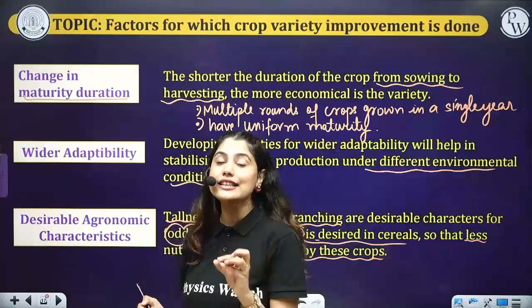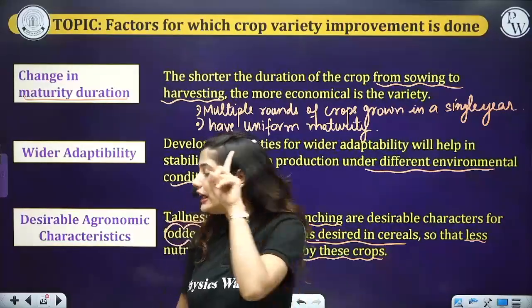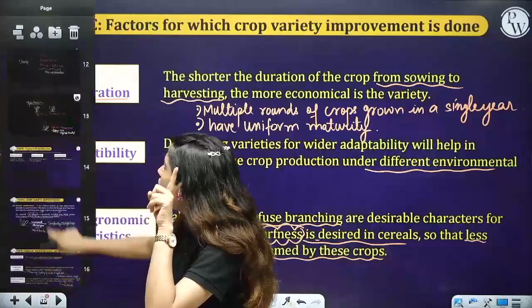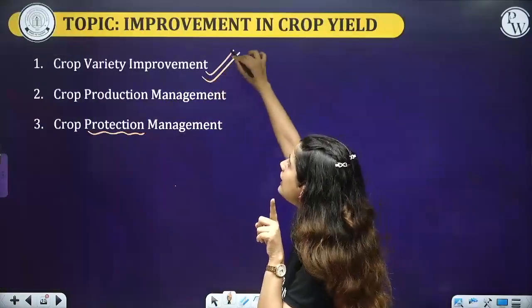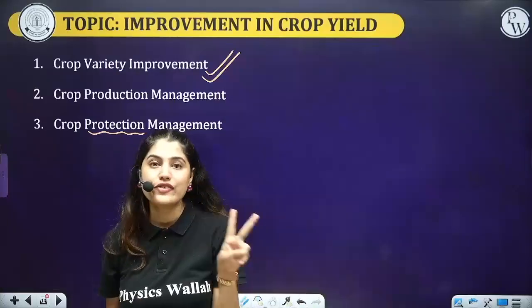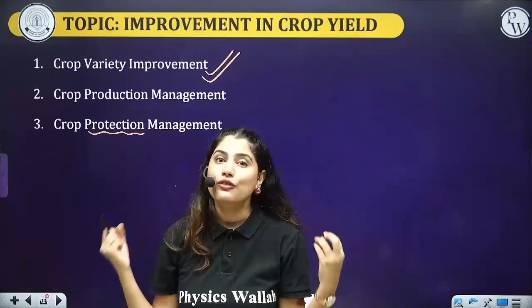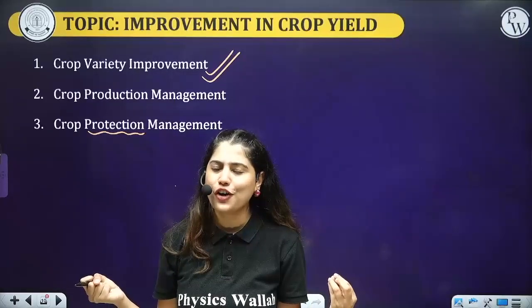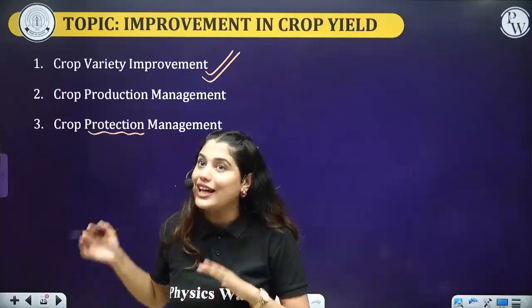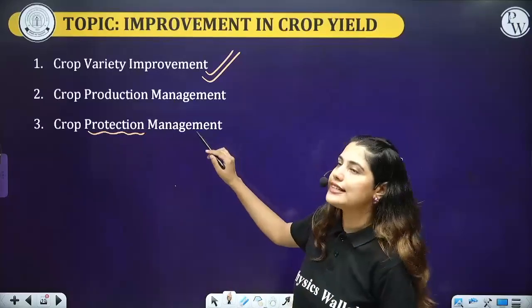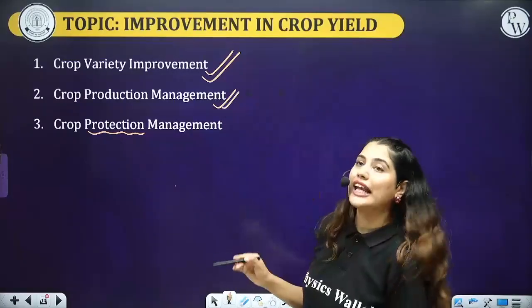So guys, this was about our very first thing for improving the yield, that is crop variety improvement, right? We have seen hybridization in it, we have seen genetically modified crops, and also we saw the different factors for crop variety improvement. Now we are moving towards the next step, that is crop production management.